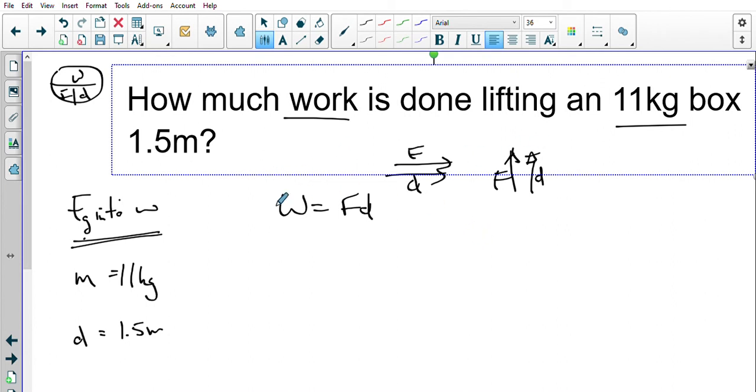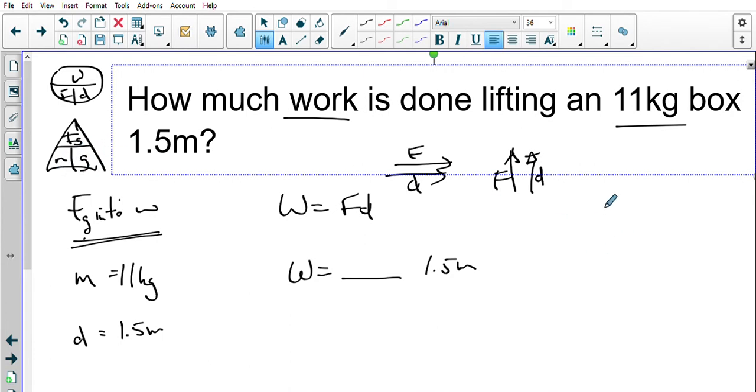So how much work is lifting an 11 kilogram box? Okay, well, work is equal to our force times our 1.5 meters. We got our distance. How much force is involved? Well, what are we working against? We're lifting it. So that's a force of gravity that we're having to put in.